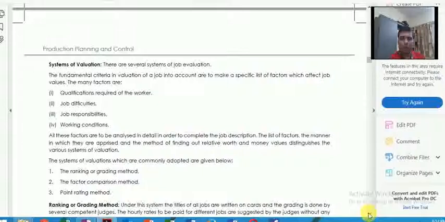So in short, we can say job evaluation is nothing but assessment of the employees considering the different parameters, which include wage structure, job responsibility, job difficulties, working conditions, so that employee retention will be there and employee turnover will be less.